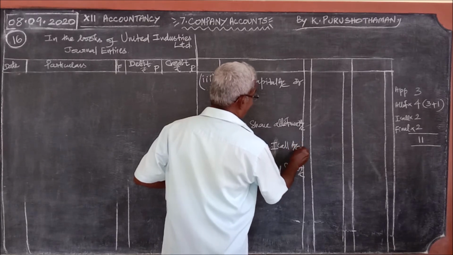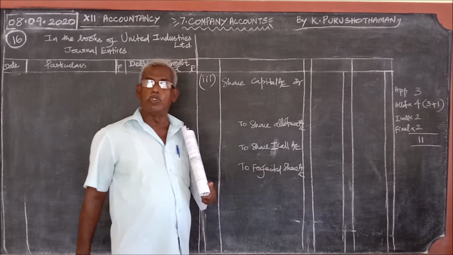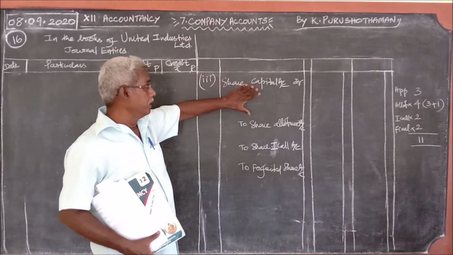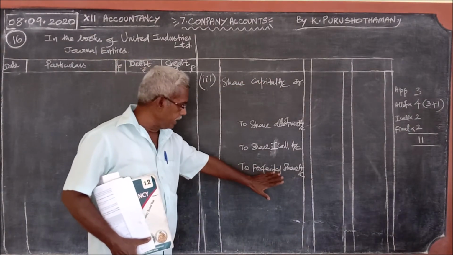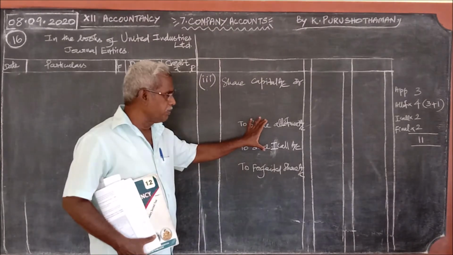So, this is the journal entry that you usually write. As I said, for forfeiture, on the debit, share capital account, on the credit, forfeited share account. In addition, some more entries must be on the credit.